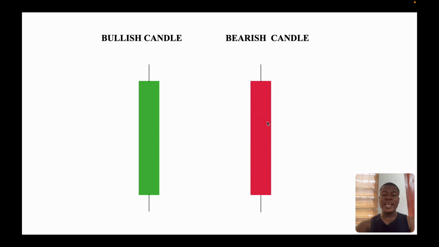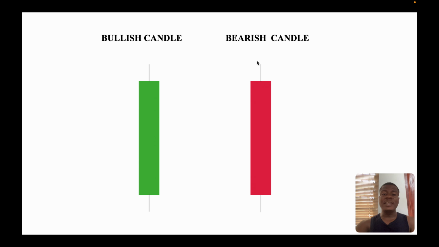And when you see a red candlestick, it represents what? Sellers. The green candlestick, which represents the buyers, is called a bullish candle. And then the red candlestick, which represents sellers, is called a bearish candle.